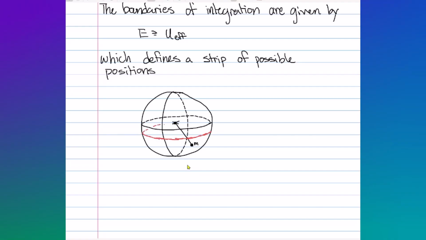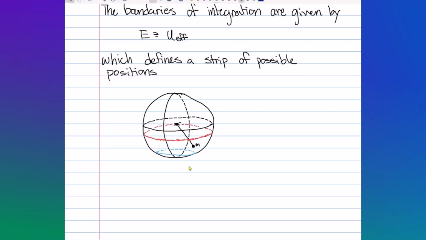So in this diagram, I'm indicating the two boundaries in red and next in blue. So the red boundary is the top, the blue boundary is the bottom, and the shaded region between is all of the positions that are possible for this pendulum given a certain energy.